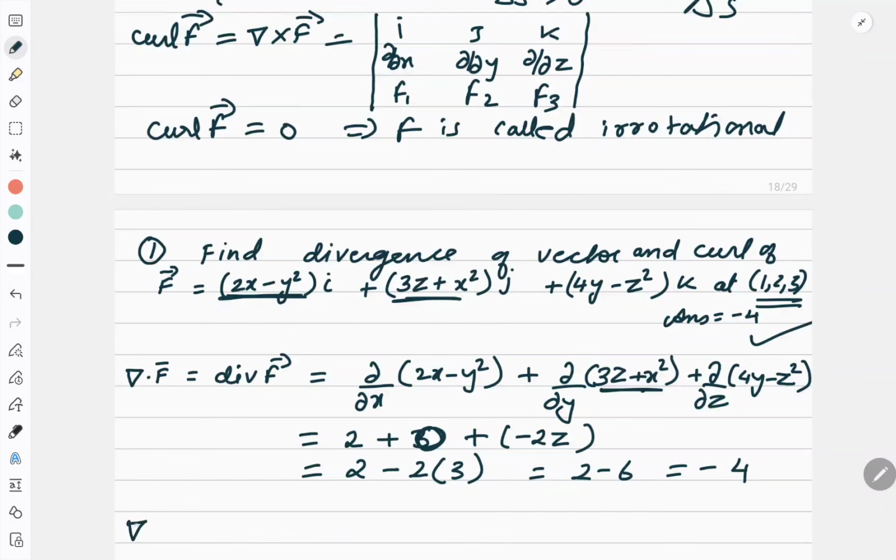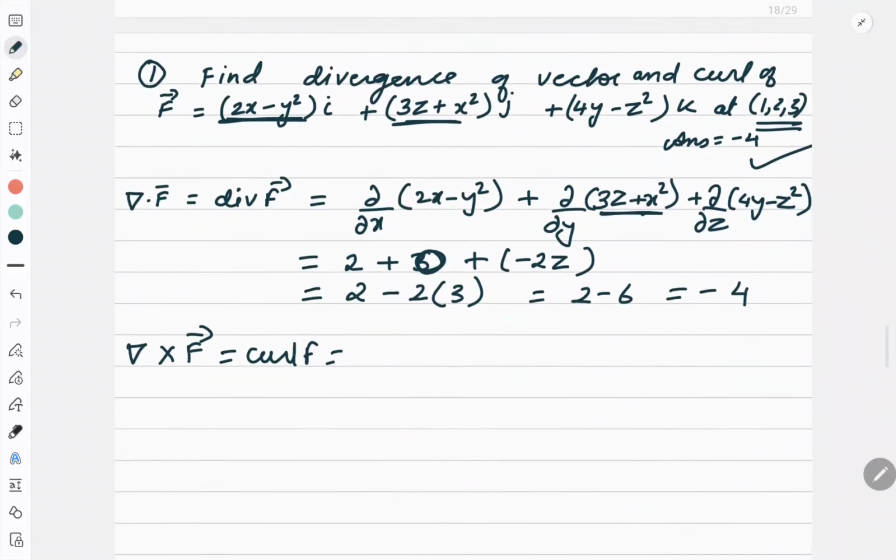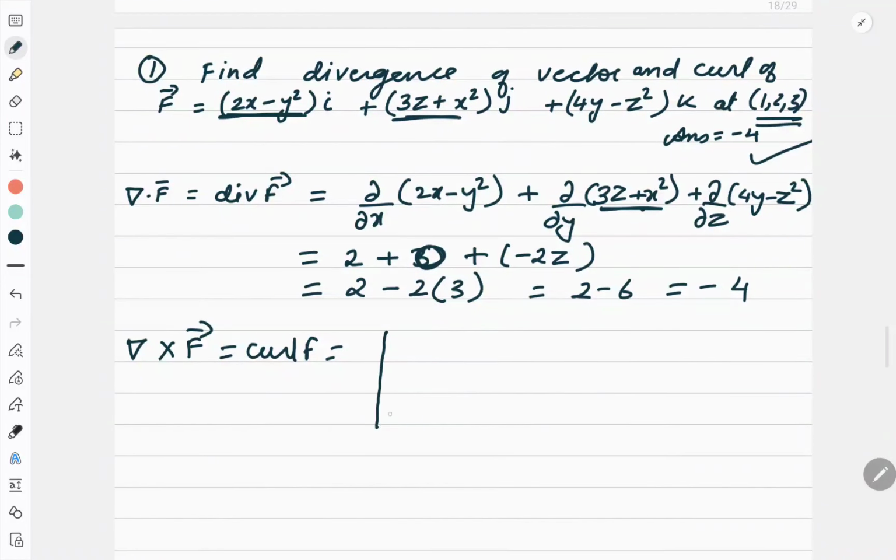So curl is nothing but del cross F. Curl F is equal to i, j, k, dou by dou x, dou by dou y, dou by dou z, and now F1, F2, F3: 2x minus y square, 3z plus x square, 4y minus z square.